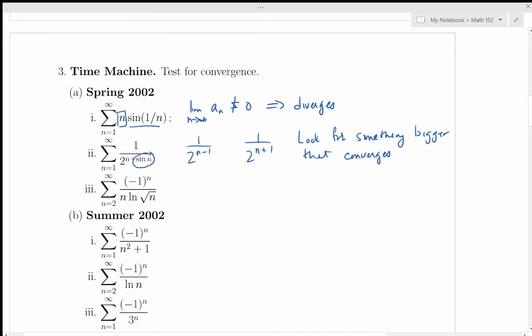Immediately I see that because the denominator is as small as it's ever going to be, this thing is in fact bigger than this thing. So if I can show that this thing converges, I'm good.